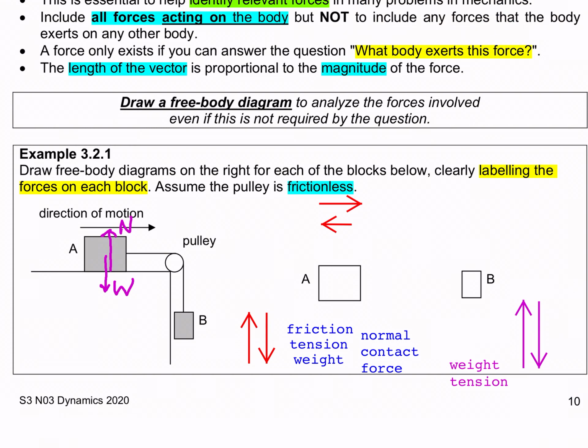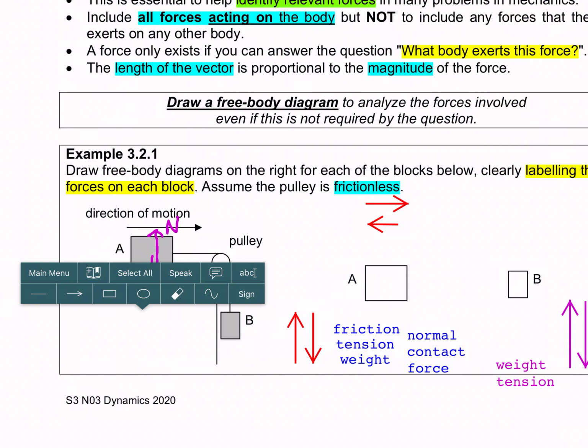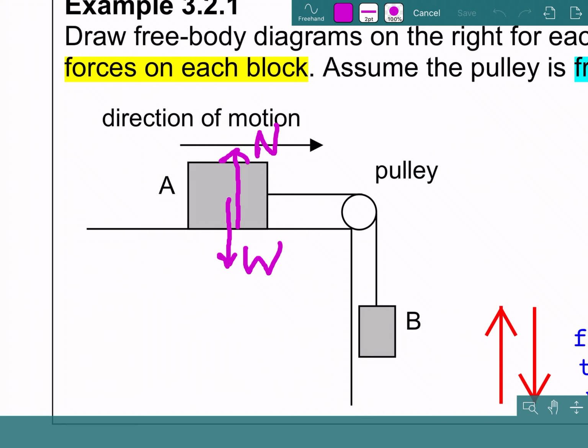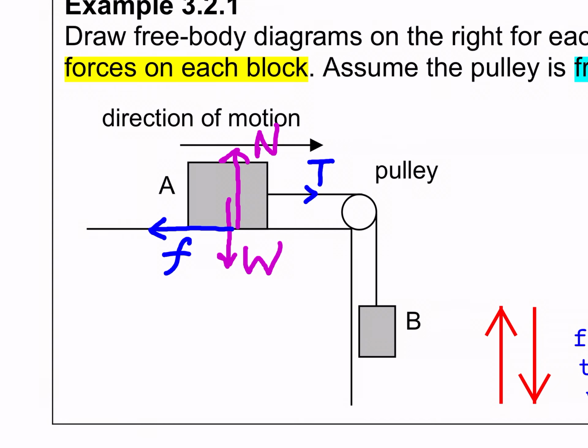There's a rope, or a string, so we expect there will be tension in the rope itself. And on any surface in general, unless stated otherwise, we expect there will be friction. So we indicate all the possible forces for A.